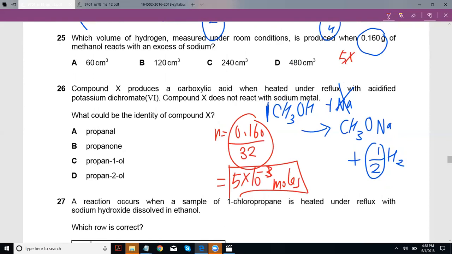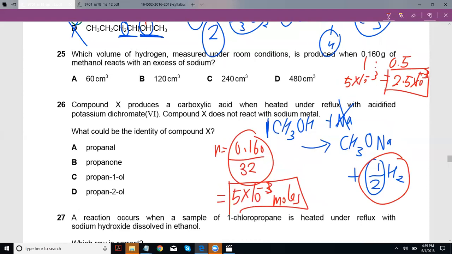So 5 into 10 to the power minus 3 should give you 2.5 into 10 to the power minus 3 moles of H2. Basically, just divide by half. Anyhow, you have 2.5 into 10 to the power minus 3 moles of H2.